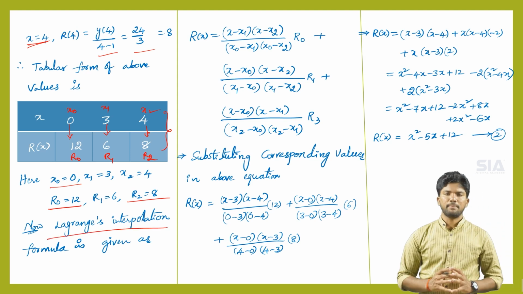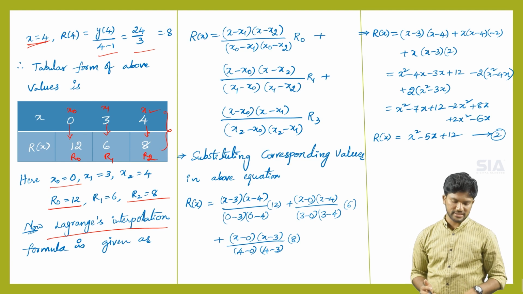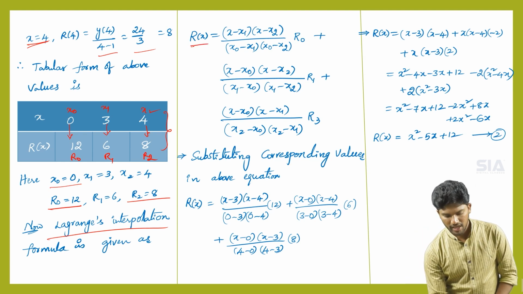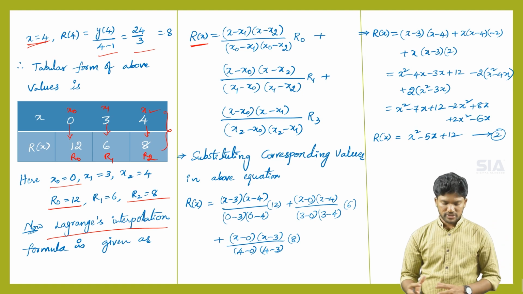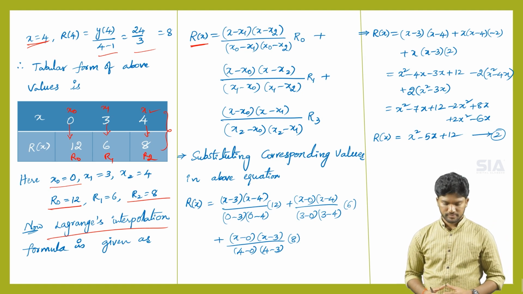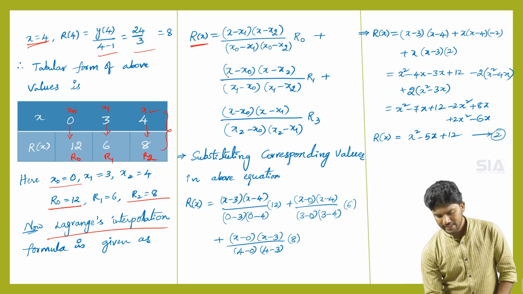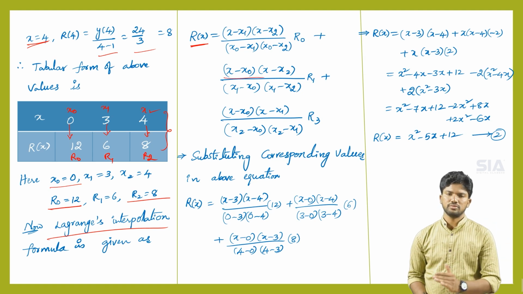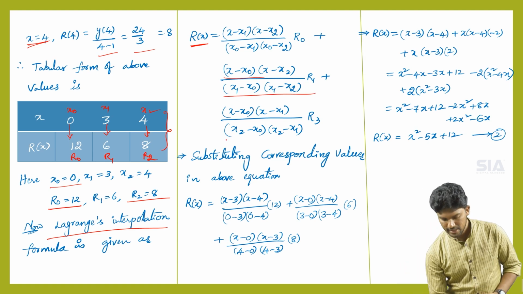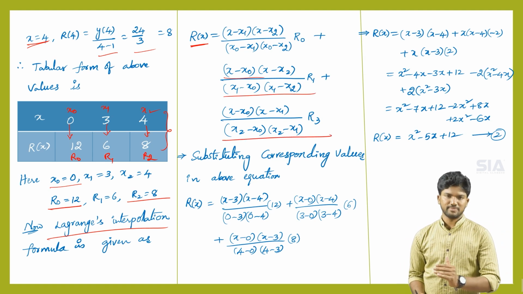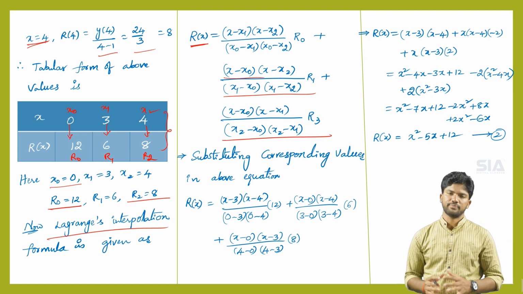Now by applying the Lagrange's interpolation formula, r of x is equal to x minus x1 x minus x2 by x0 minus x1 into x0 minus x2 into r0 plus x minus x0 x minus x2 by x1 minus x0 x1 minus x2 into r1 plus x minus x0 x minus x1 by x2 minus x0 x2 minus x1 into r2. This is the total formula.